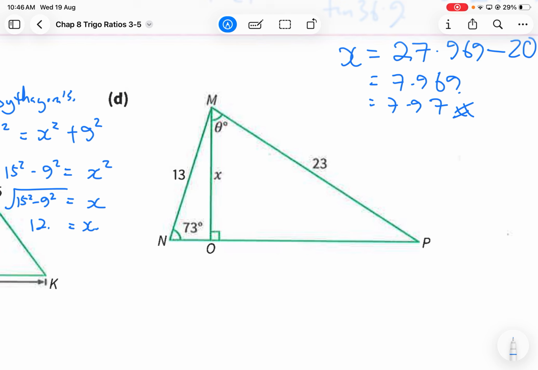X is hypotenuse? No, it's opposite? Mana ada hypotenuse tu adjacent ah?